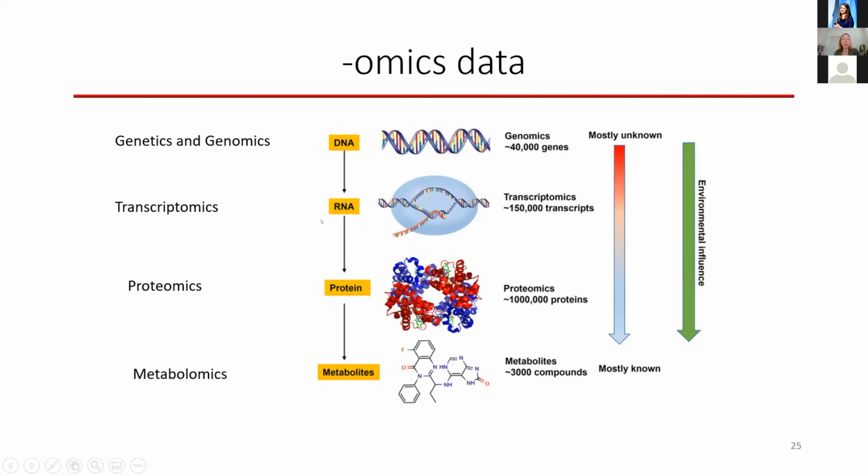Transcriptomics comes from RNA, where there are around 150,000 transcripts. Proteomics comes from protein, where the proteome consists of around 1 billion proteins, whereas metabolomics deals with metabolites, where there are around 3,000 compounds. We are working mostly with genomics and transcriptomics, and I will tell you a little bit about those methods.